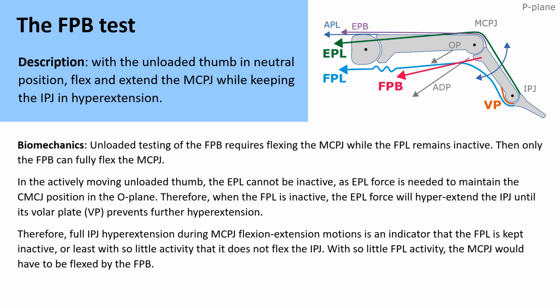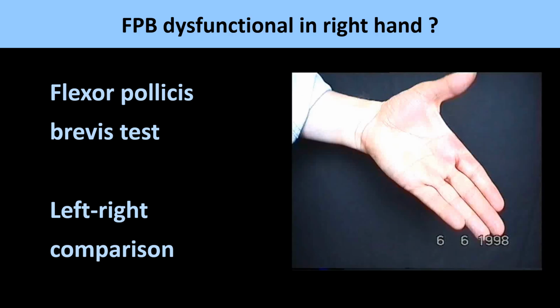Therefore, full IP joint hyperextension during MCP joint flexion-extension motions is an indicator that the flexor pollicis longus is kept inactive, or at least with so little activity that it does not flex the IP joint. With so little FPL activity, the MCP joint would have to be flexed by the flexor pollicis brevis. This video shows the flexor pollicis brevis test, first in the left and thereafter in the right hand.